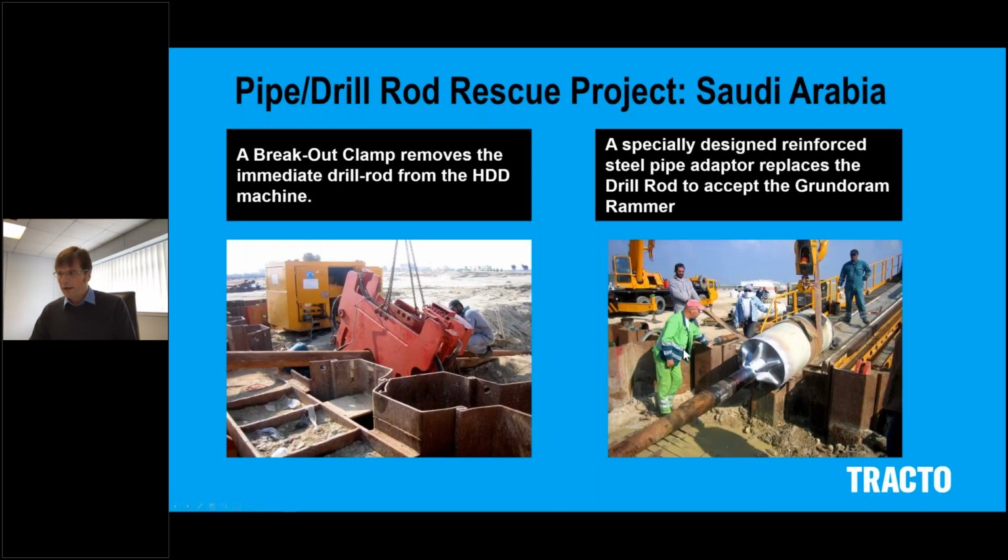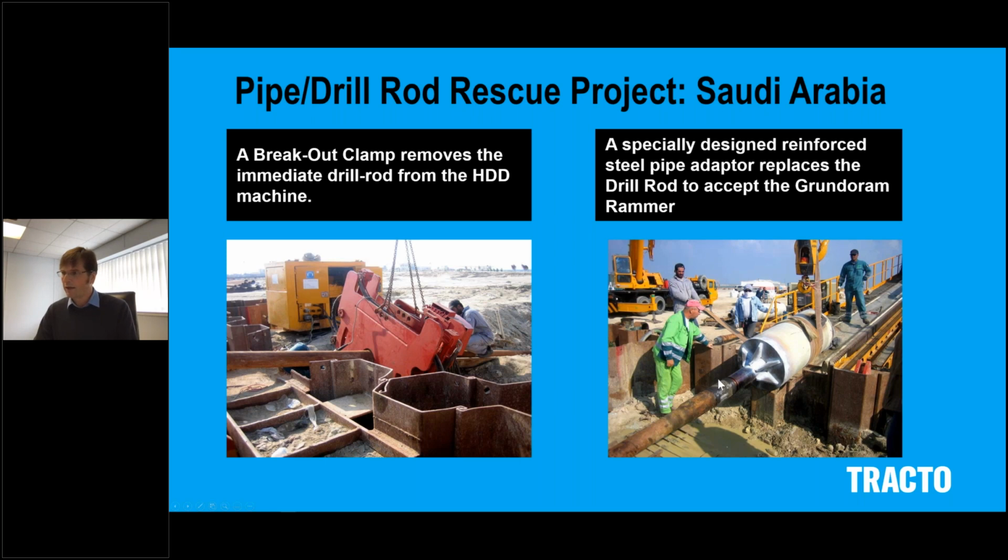So we were called out to try and get this reamer going again, and this picture here on the left shows the HDD pipes being disconnected to allow for a specialist ramming adapter to be put onto the existing drill pipe.